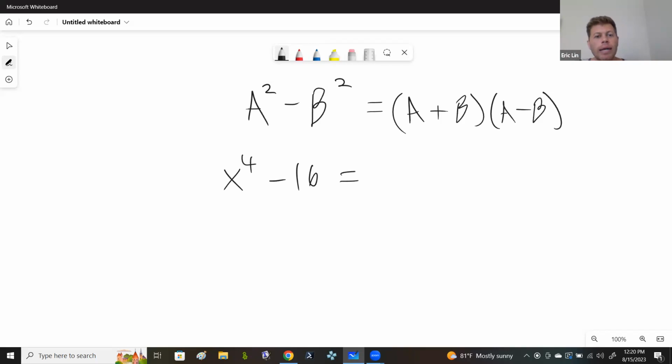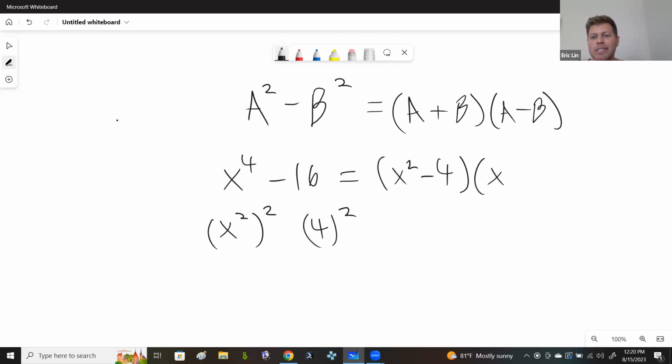I can identify here that the thing that was squared was x squared. So x squared squared gives me x to the 4th. And over here, the thing that was squared was 4. So I know that this should factor into x squared minus 4 times x squared plus 4.